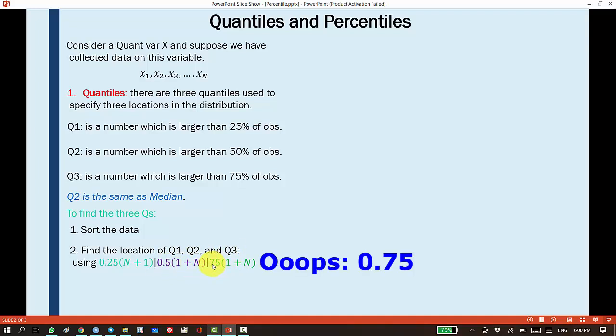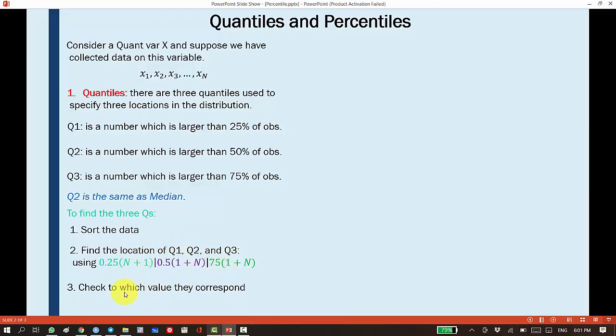For Q3, 0.75 times (1 plus n), n being the number of observations. As you can see here, we have 25%, 50%, and 75% corresponding to Q1, Q2, and Q3. Then we check to which values these numbers correspond.